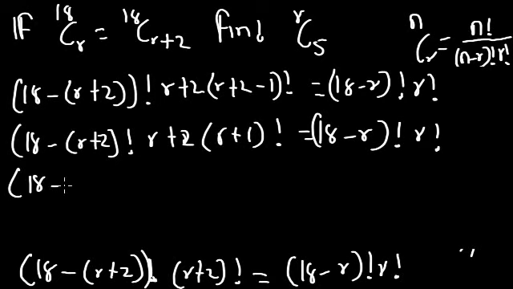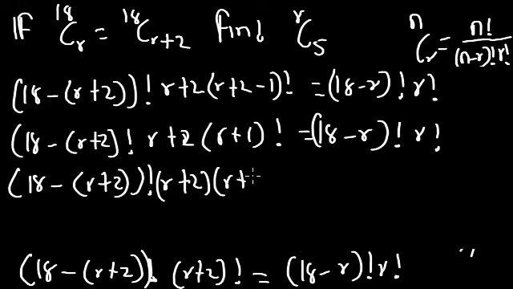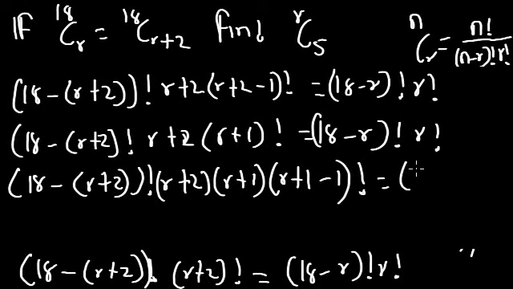So which implies that we'll be left over with r plus 2. Then now I want to reduce this as well. I'll multiply by r plus 1, and now I'll have r plus 1 minus 1 factorial equals 18 minus r factorial.